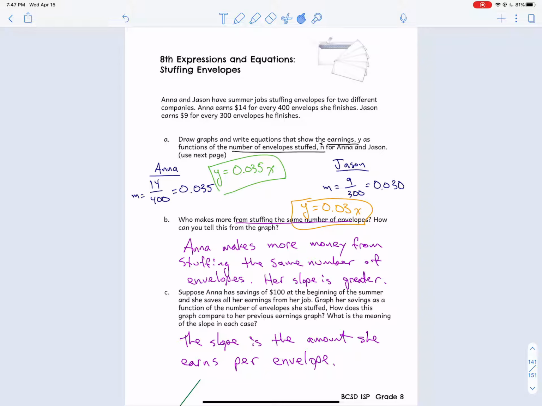So the graph, the line, the slope is the same, but the line moved up to 100, which is the y-intercept.